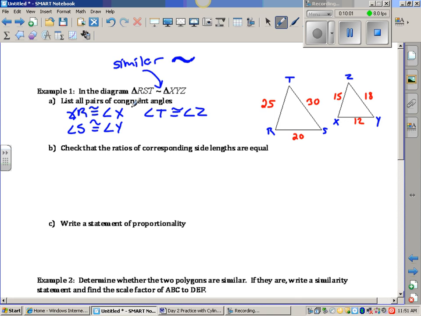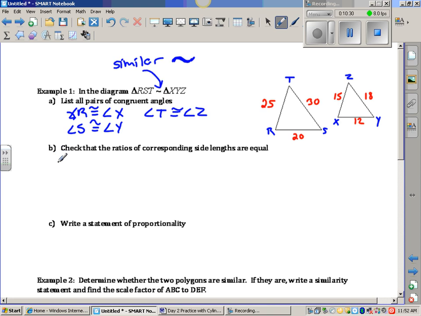That's very, very important. Now, you're going to check that the ratios of corresponding side lengths are equal. It has to have the same scale factor. So what I mean by that is we're going to compare how each side either grew or shrank. How did 25 get to 15, 30 to 18, and 20 to 12? If they don't follow the exact same ratio, something went wrong and they're not similar.